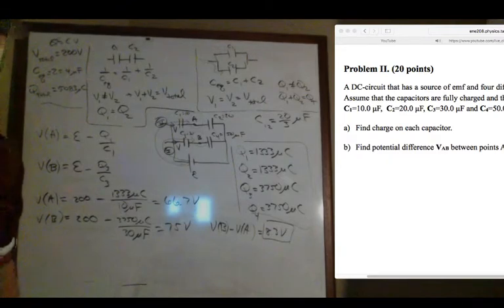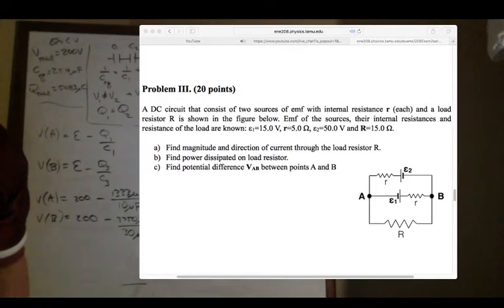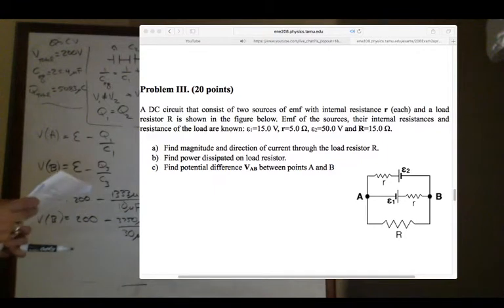Okay. Let's take a look at this one. Let's get this over real quick. There we go. Okay. So what this says is that a DC circuit that consists of two sources of EMF with internal resistance little r and a load resistance capital R is shown in the figure.